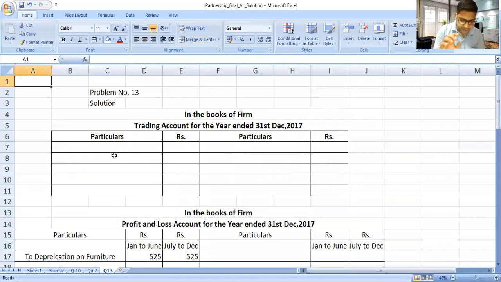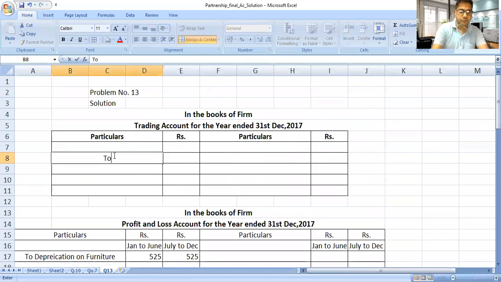We will leave one line because opening stock is always recorded on top. Purchases, and the value of purchases is 1,10,000. We recorded purchases.